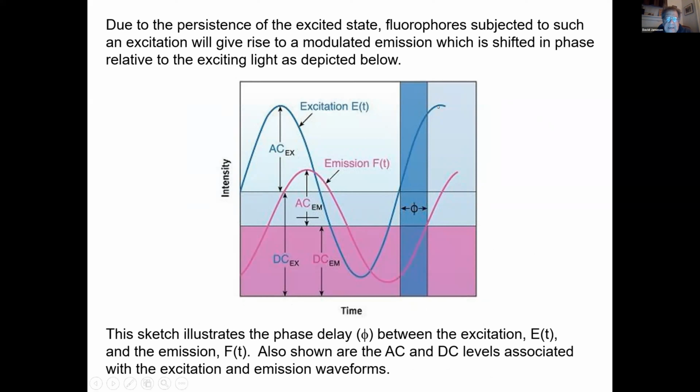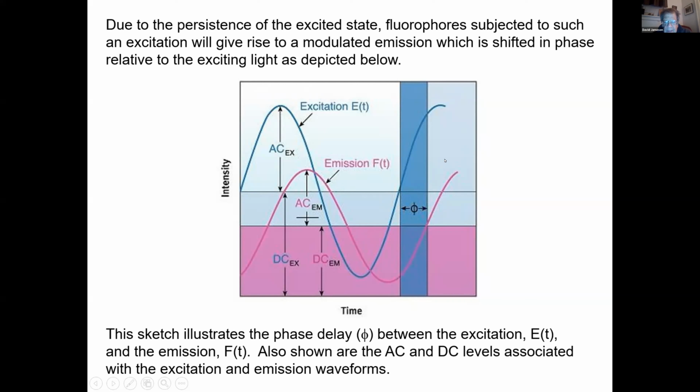So this is a better way to look at this. We see the excitation wave goes up and down. And due to the persistence of the excited state, the fluorophore builds up at the beginning, but that lasts longer than the excitation, and there's a shift in the phase. So we can see a shift between the excitation and emission, this phase shift.